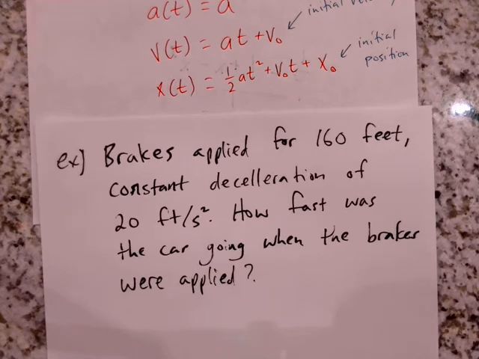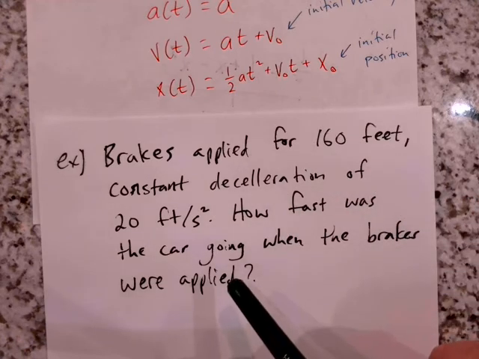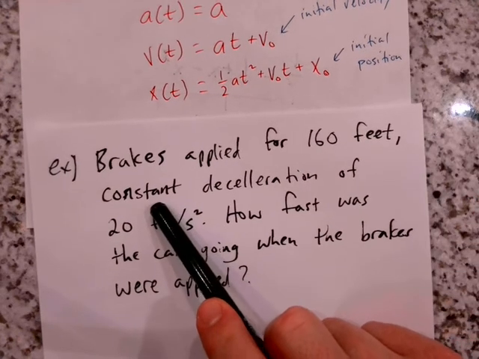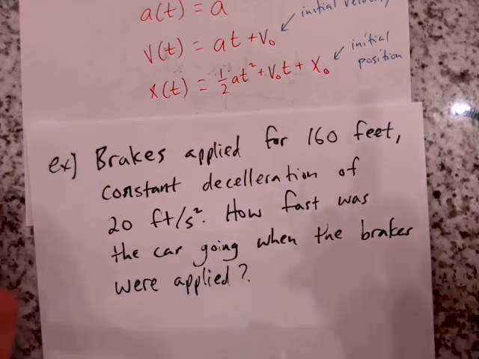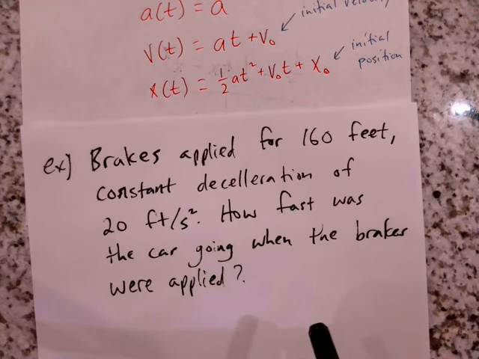So there's the question. You know from the skid marks that the brakes were applied for 160 feet before the car stopped. There's a constant deceleration of 20 feet per second squared that you got from testing the car in a controlled environment. And the question is, how fast was the car going when the brakes were applied?